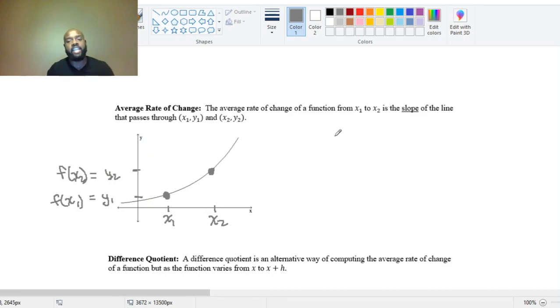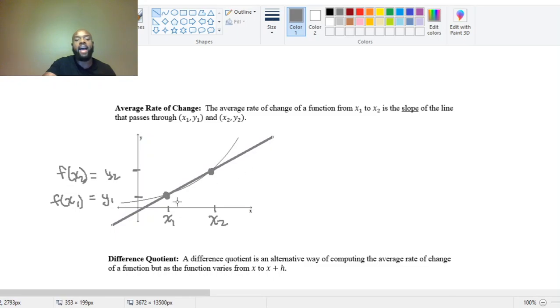But average rate of change is basically the slope of the line that passes through those points, right? So I don't know the rate of change of the function, so I'm going to use the actual slope of the line that passes through those 2 points in order to give me a representation of the actual rate of change of that function, right?